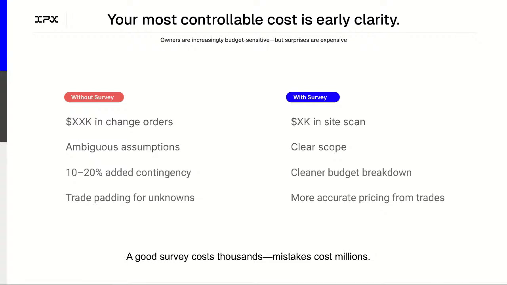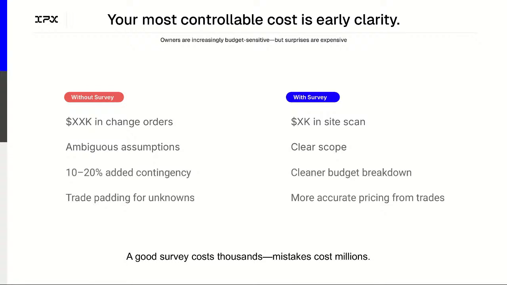Further to that, without a survey and without existing conditions, there are really ambiguous assumptions made about the project up front, which has downstream consequences in floating contingency in your RFPs or your contracts. Every trade, if they don't have a very clear scope, is going to pack on more and more contingency, right?